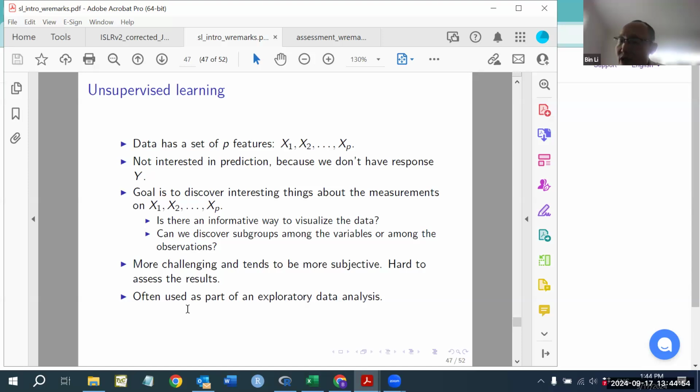Unsupervised learning in general is more challenging and tends to be more subjective, because we don't have an objective supervisor here. It's difficult for the investigator to evaluate the quality or the performance of the results. So often unsupervised learning is part of exploratory data analysis.